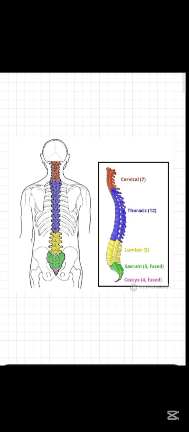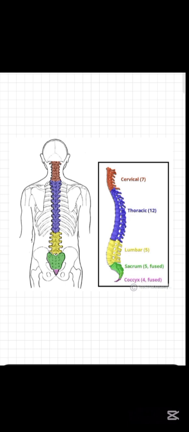The answer is that these five types of vertebrae are different from each other in shape, and hence they perform different functions. Generally their function is to hold the upper trunk of the body, but in different ways.